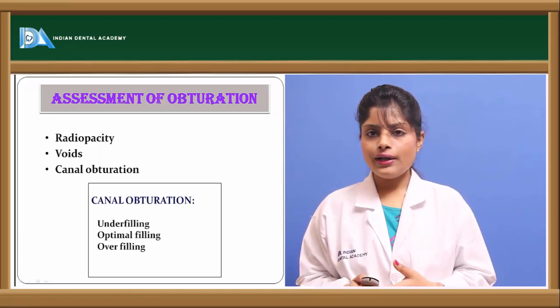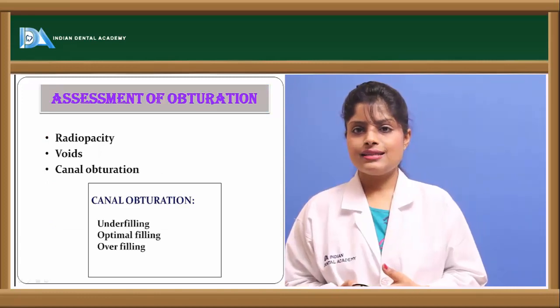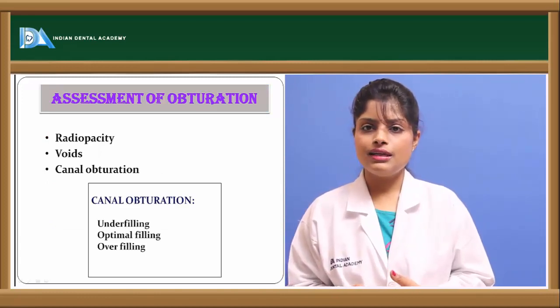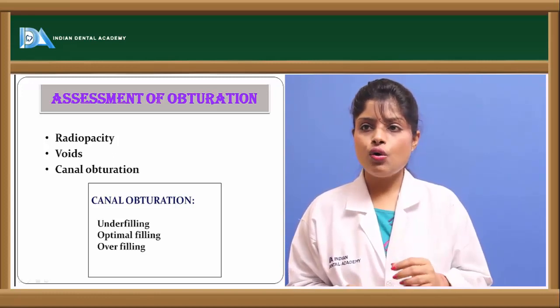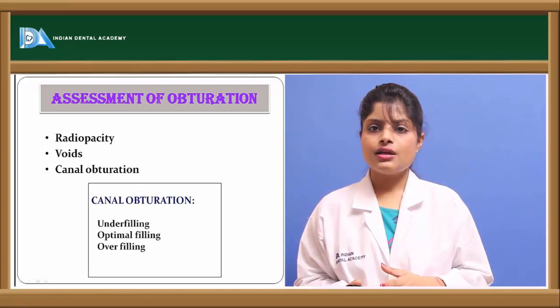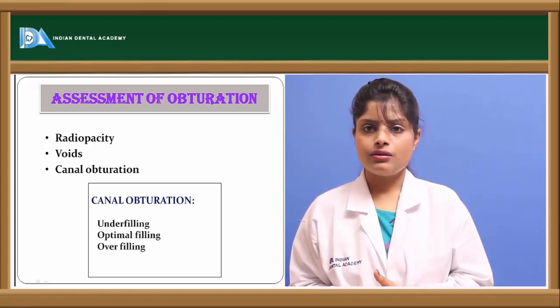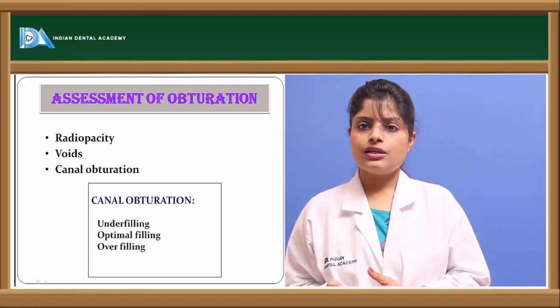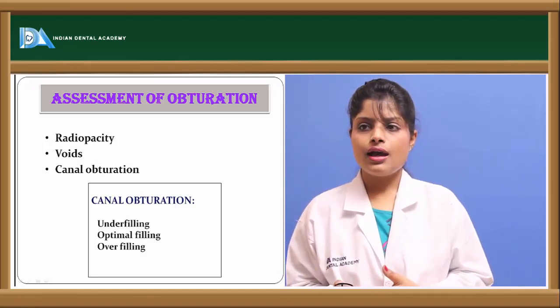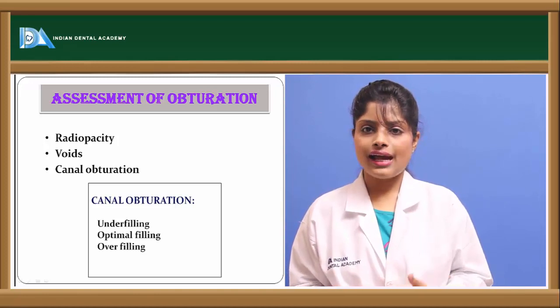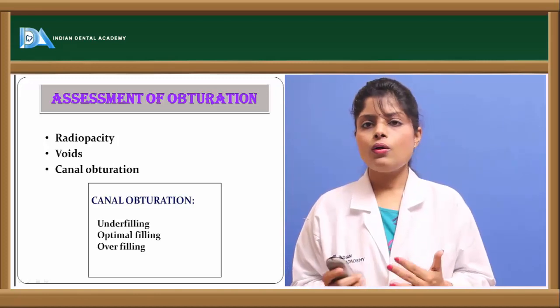Now, how can obturation be assessed? It can be assessed by means of post-operative radiographs. There should be no voids present in the obturating material in the canals. It should be radiopaque in nature and the filling should be neither underfilled nor overfilled.